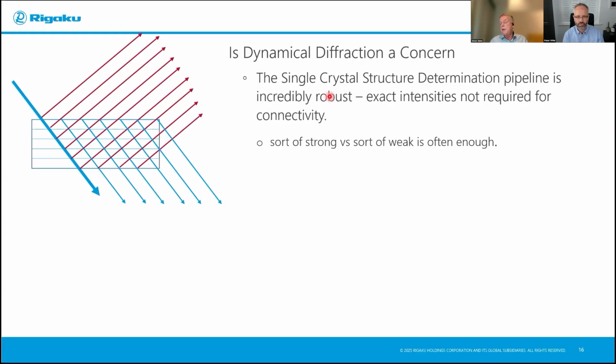Now for space group determination, it does make a difference. And for connectivity, it turns out in most cases for relatively small molecules, you just need to sort your reflections into those reflections which are sort of strong and those reflections which are sort of weak. So dynamical interaction with determining connectivity is not so huge.